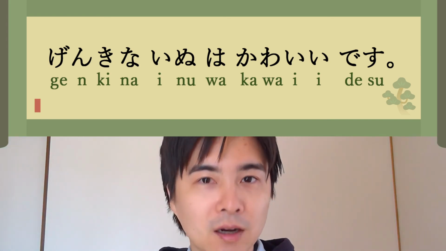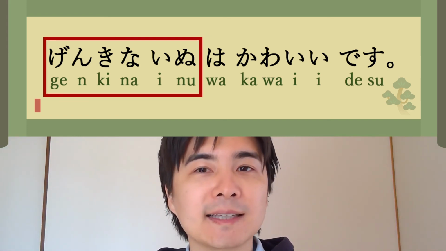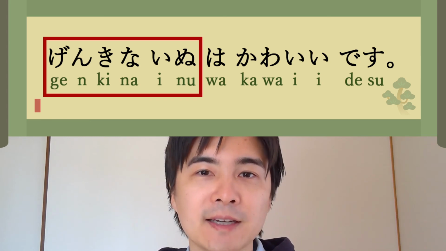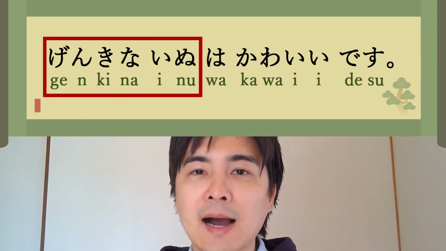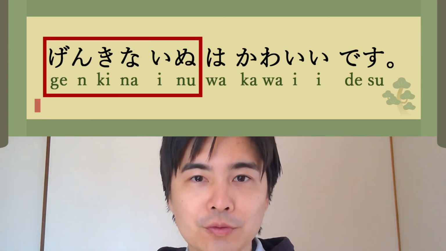犬 is dog. So 元気な犬 is energetic dog. And かわいい means cute.